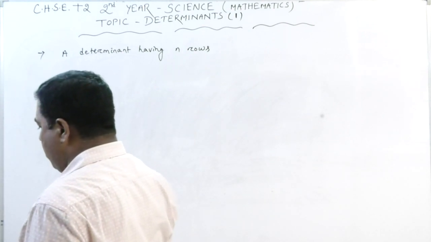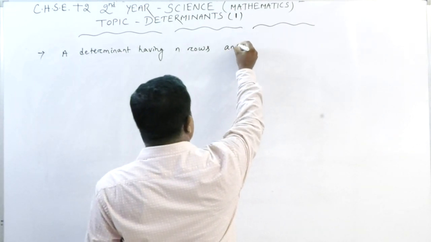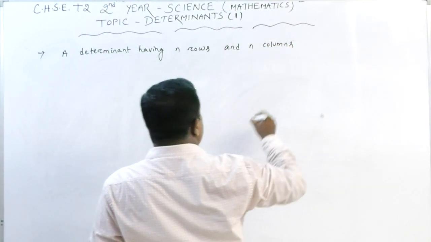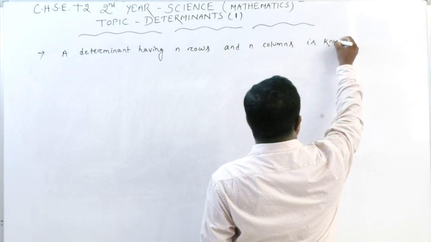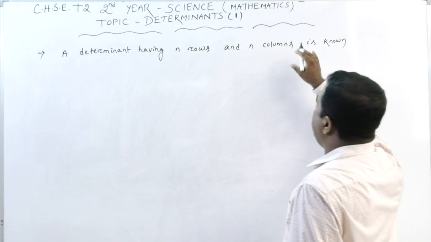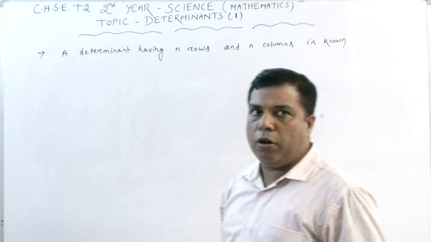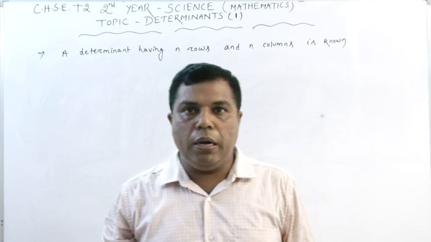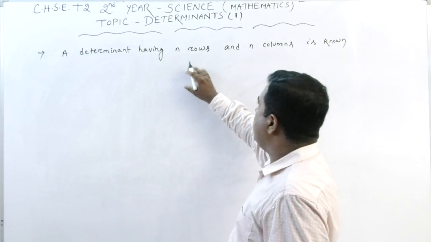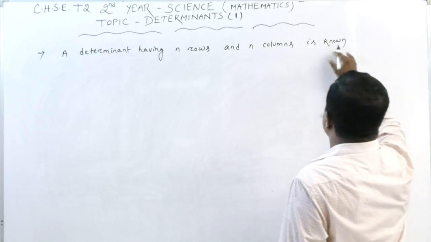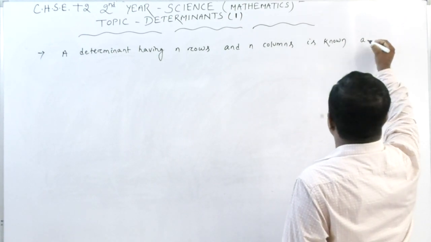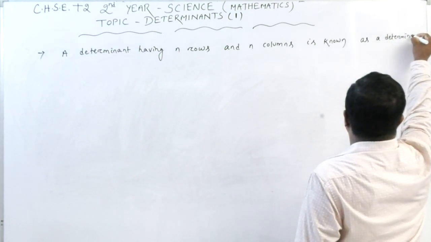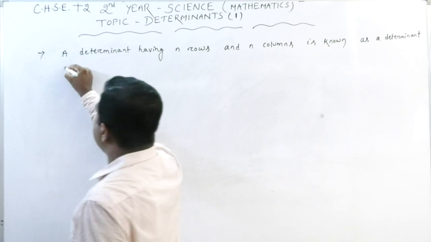If a determinant has n rows and n columns, because it should be a square matrix, then only you can find the determinant. If it is not a square matrix, the determinant value cannot be found. So a determinant having n rows and n columns is known as a determinant of order n.